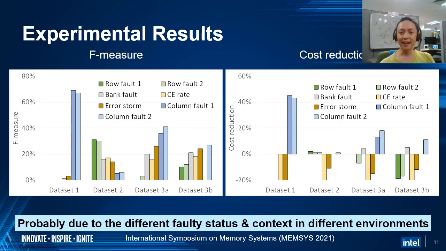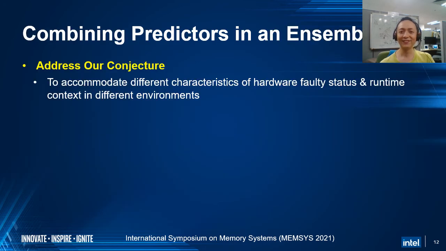We conjecture that it is due to the different characteristics of the hardware faulty status and the runtime context in those different environments. Now we try to address our conjecture, that is, to accommodate the different characteristics of the hardware faulty status and the runtime context in different environments.